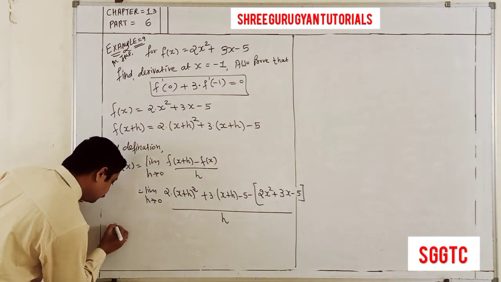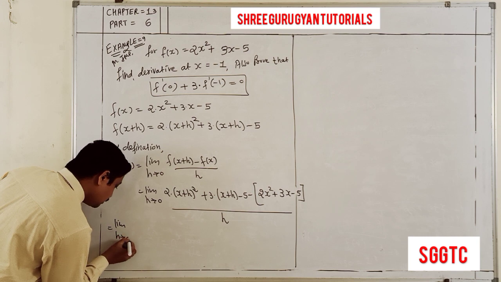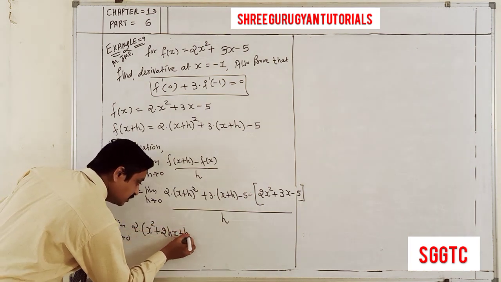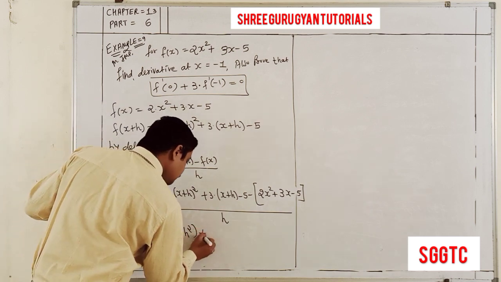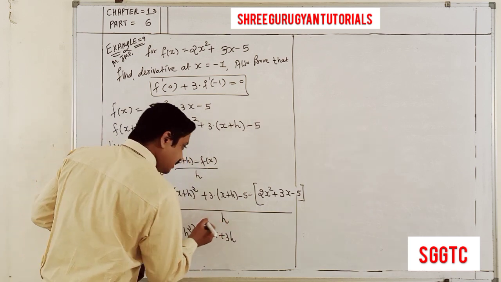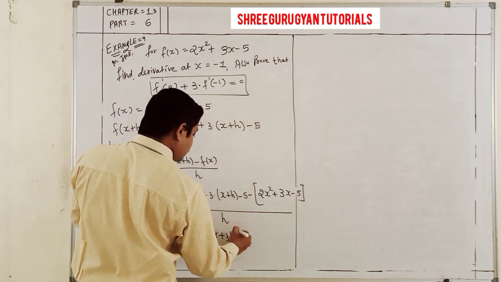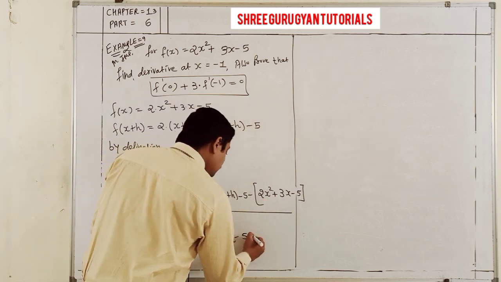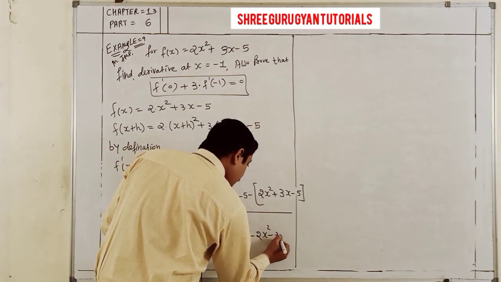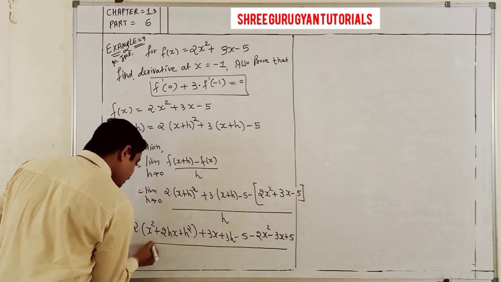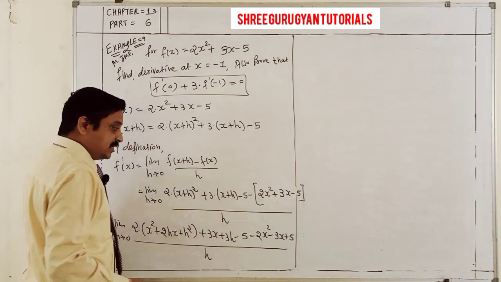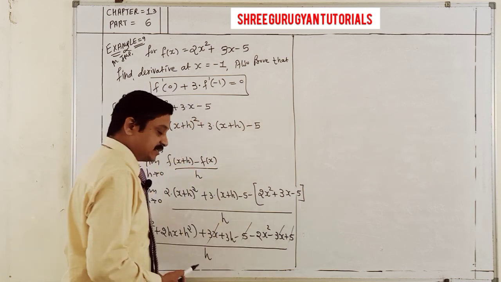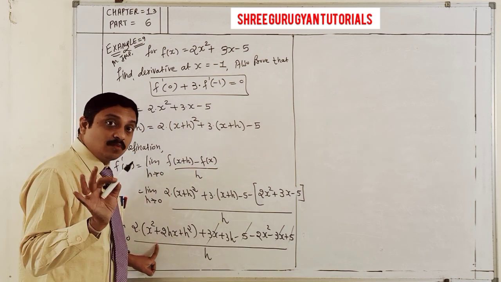Limit h tends to 0, 2(x² + 2hx + h²), next 3x + 3h, and minus 5, same as 2 up to that. Now multiply the minus inside, so minus 2x² - 3x + 5, and upon h as it is. This cancels, plus 5 minus 5, this also cancels, plus 3x minus 3x, and the other expansions one by one.